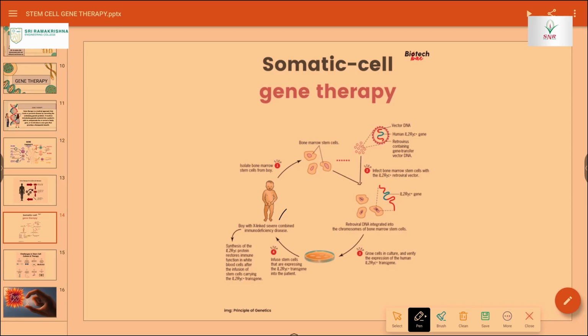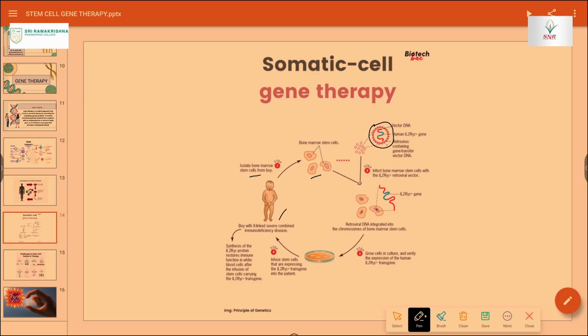Now what we are doing is that the bone marrow was isolated. The bone marrow contains stem cells. Those stem cells are isolated from the bone marrow, and here we can see the bone marrow stem cells. Now to introduce a gene of interest, we have a vector. A vector is nothing but a carrier which can transfer the gene of interest into the stem cells. Here this is a viral vector.